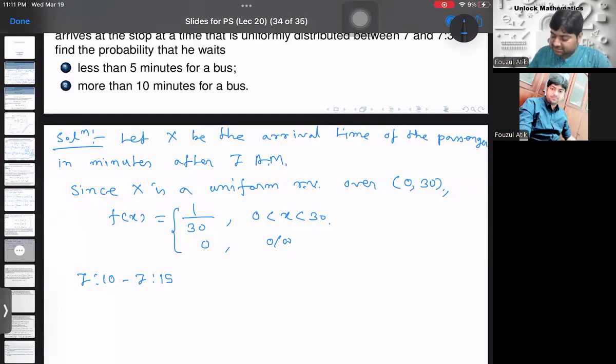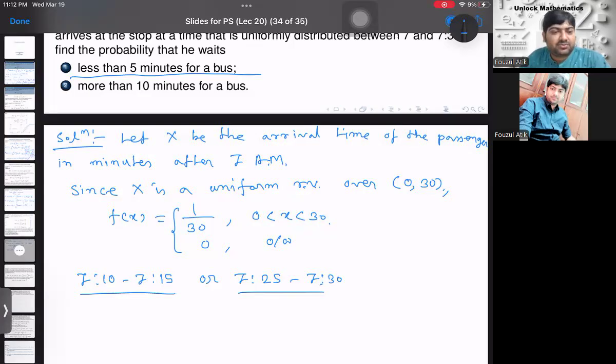Or if the passenger comes around 7:25, so 7:25 to 7:30, then also the passenger has to wait for less than 5 minutes, because again at 7:30 there will be another bus, right? So therefore you have to calculate the probability of these two to get the probability of less than 5 minutes waiting time. And 7:10 to 7:15 is basically, for x, 10 to 15 minutes, or for x it is 25 to 30 minutes.